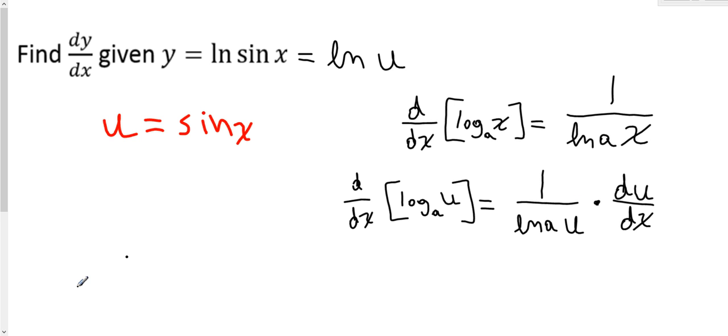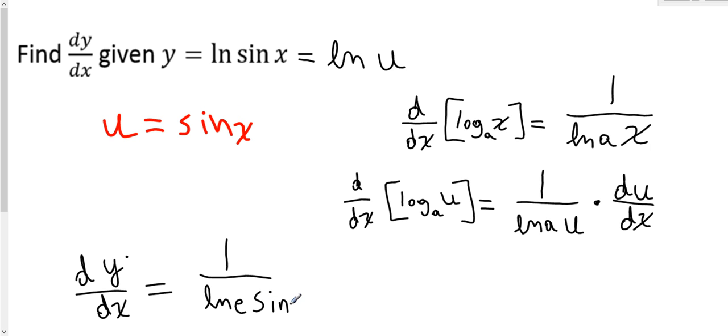So let's take the derivative then. The derivative of y with respect to x is what we're asked to find, which is going to be the derivative of the natural log of u. Well, the derivative of the natural log of u, or the derivative of the log base e of u, is equal to 1 divided by the natural log of e, times u, but remember u is equal to the sine of x, multiplied by du/dx. Well, du/dx is the derivative of u with respect to x.